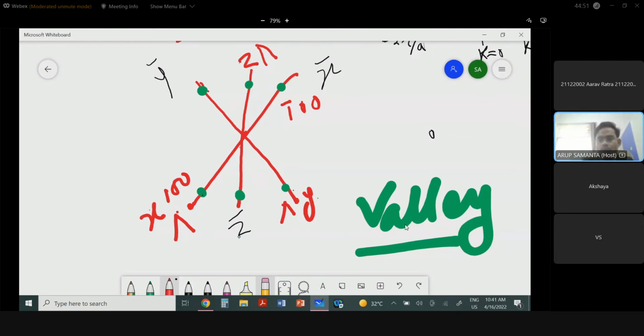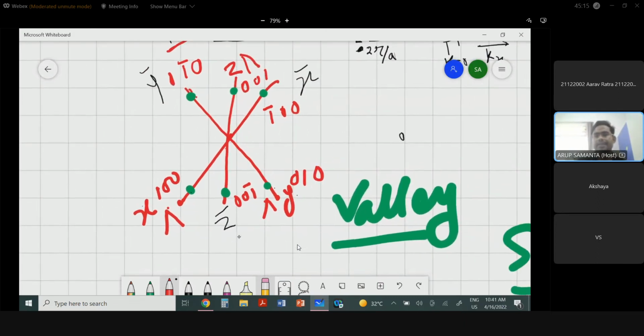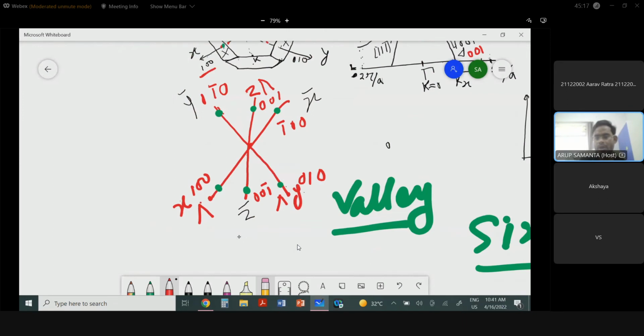This is the 0,1,0 direction, so the negative side is 0,1,0 inverse. This is the 0,0,1 direction, then this one is 0,0,1 inverse. So you can find 6 directions, 6 planes, and for each you have a valley. So these 6 valleys exist exactly at this point.